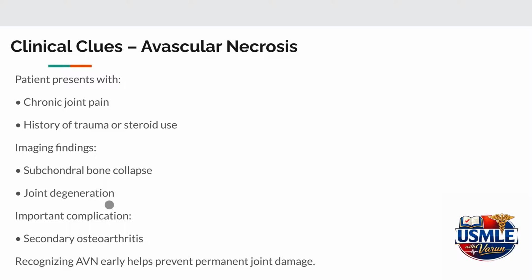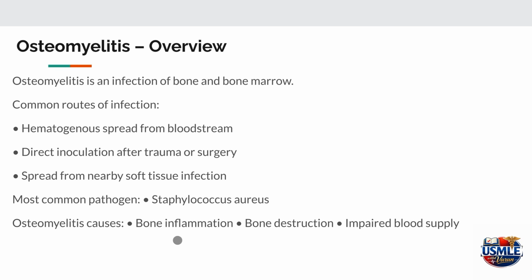If untreated, avascular necrosis can lead to severe joint destruction and secondary osteoarthritis. Recognizing these patterns early allows timely diagnosis and intervention to prevent permanent joint damage.